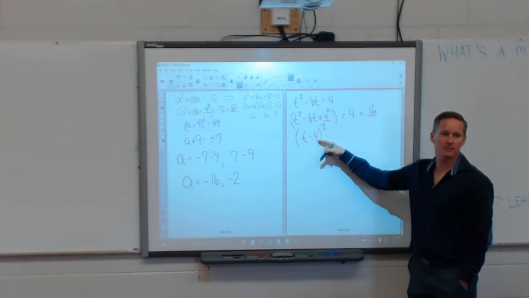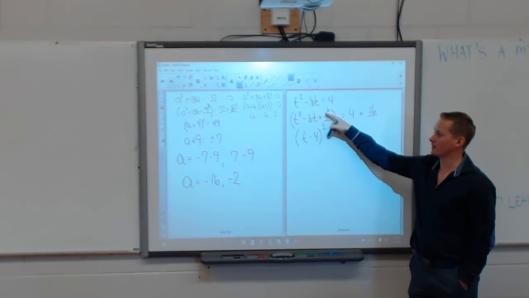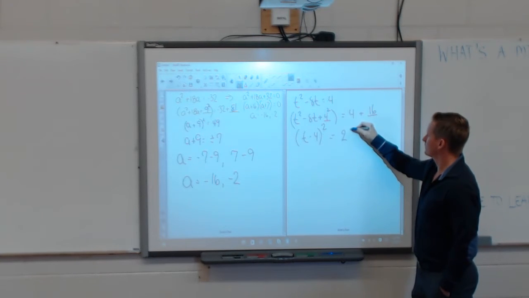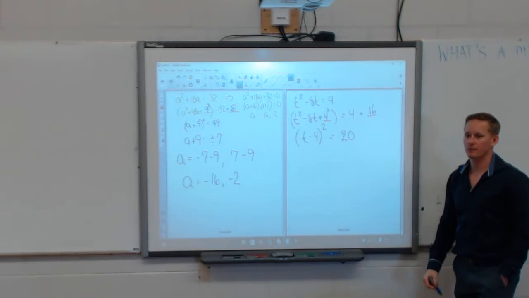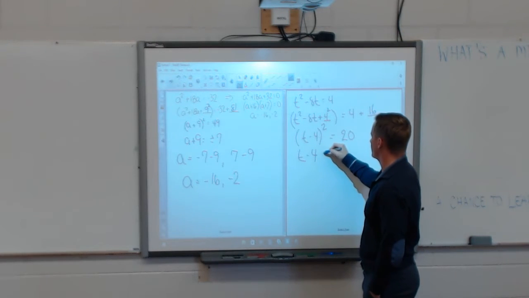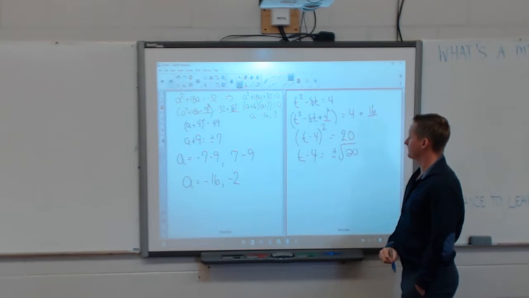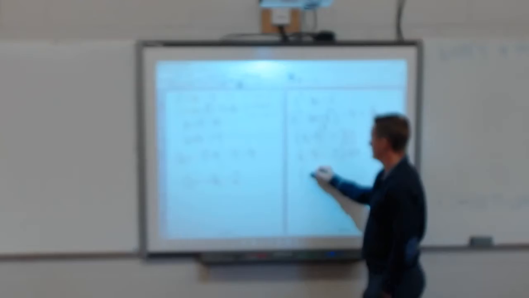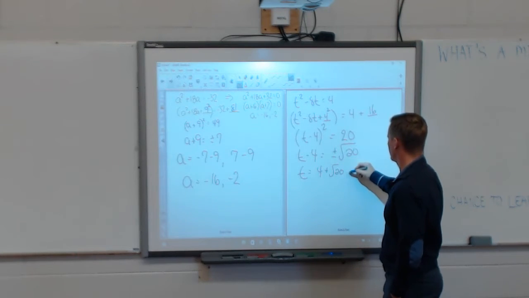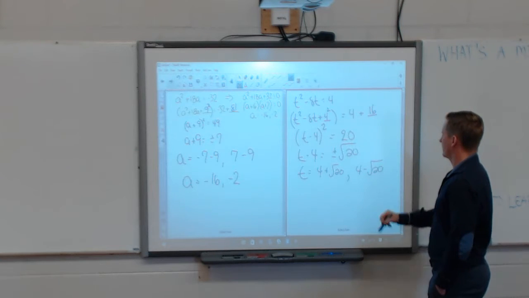So it's t minus 4 times t minus 4. So it's always got to be a positive right here. Okay? Is equal to 20. Square root it. T minus 4 is equal to plus minus the square root of 20. T is equal to 4 plus root of 20, comma, 4 minus root 20.